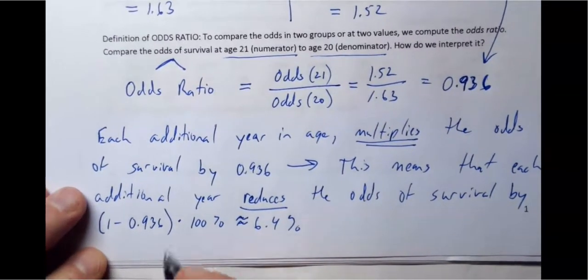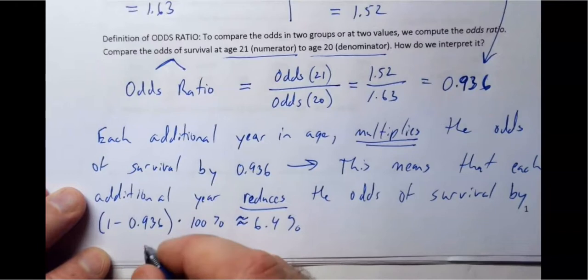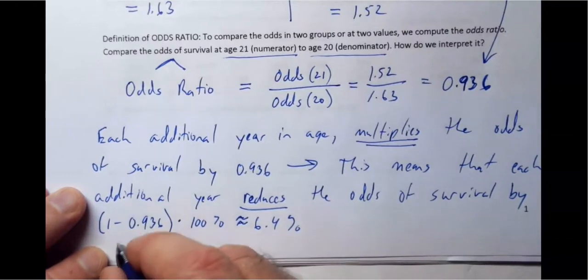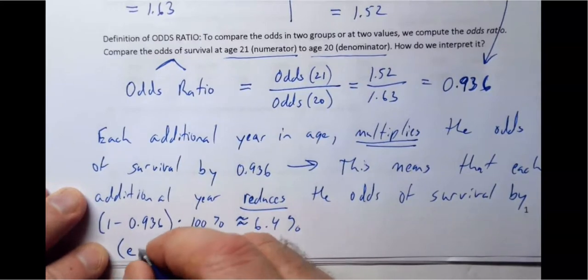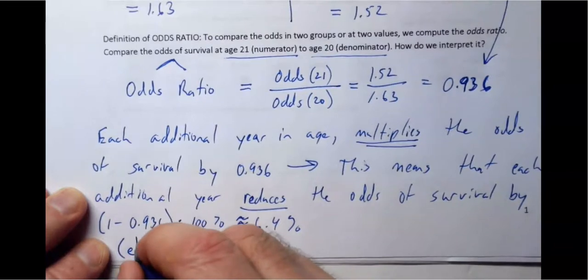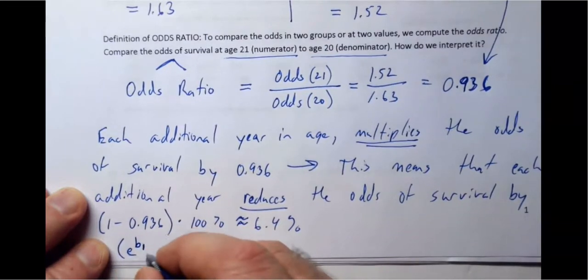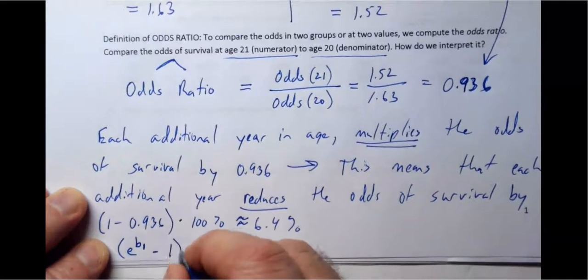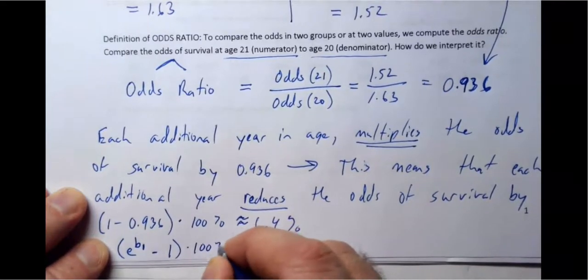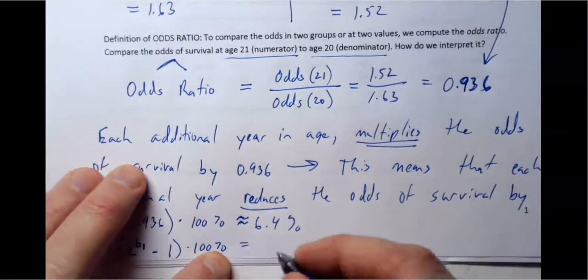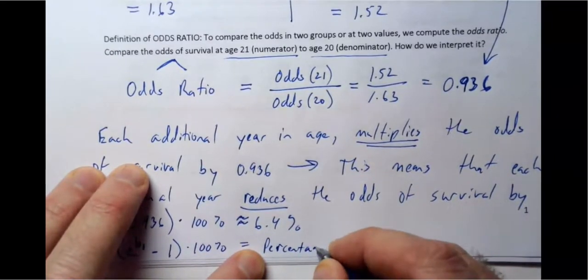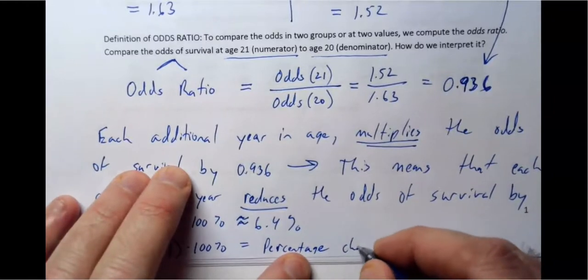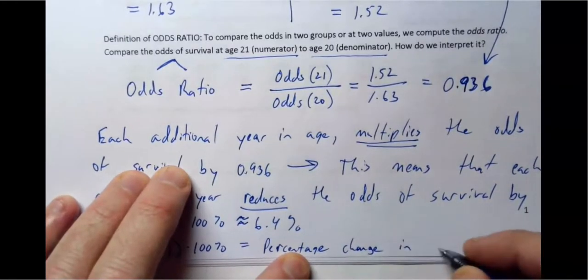So, where did this last formula come from? Just to remind you, and I flipped the sign around, but we can interpret odds ratios in terms of relative increase or relative decrease. If we take e to the b1 minus 1 times 100%, this is the relative percentage change in the odds.